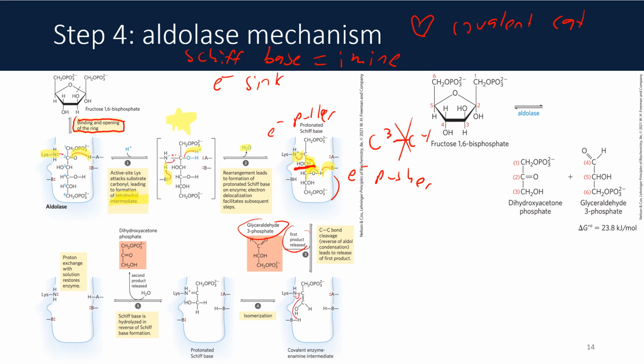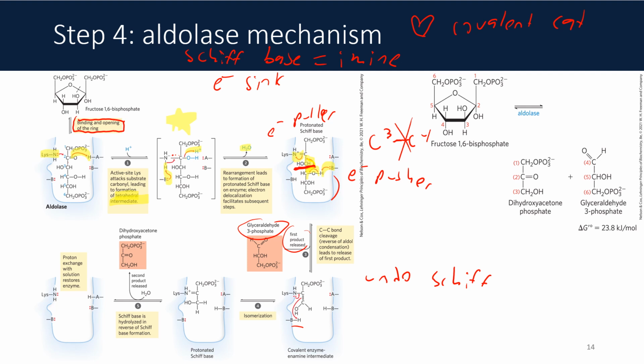Our goal from this point forward is to undo the Schiff base, holding in the top half of the molecule into the active site still. The general base over here is going to now function as a general acid.